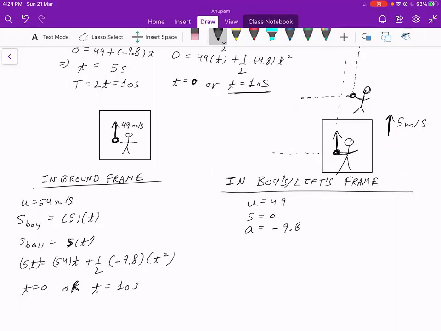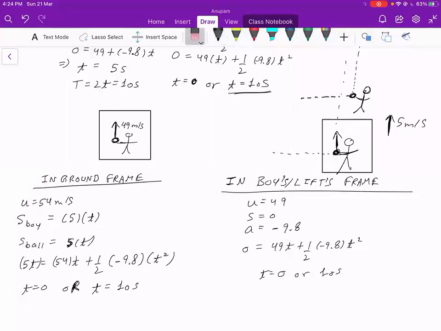So you will have an identical equation: 49t plus half minus 9.8 t square. And you will get the same result, t equal to 0 or 10 seconds.